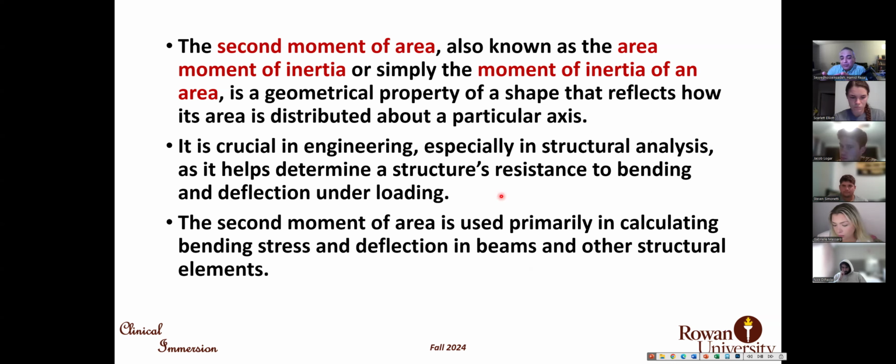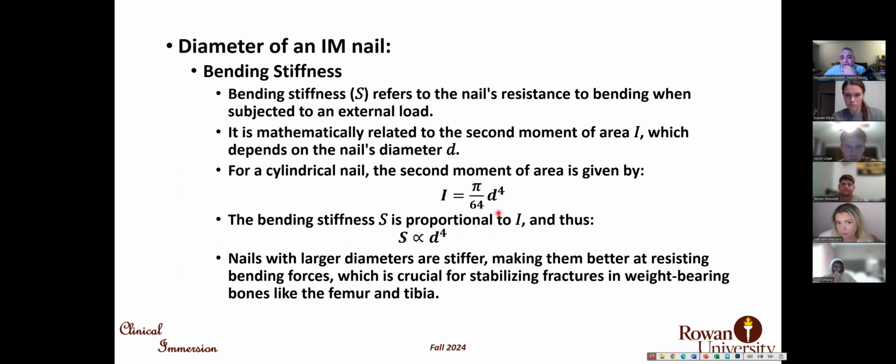If it is distributed closer to the axis, the second moment of area is lower. So the second moment of area depends on the diameter. And since the bending stiffness is proportional to the second moment of area, shown by I here, the bending stiffness is proportional to the fourth power of the diameter.